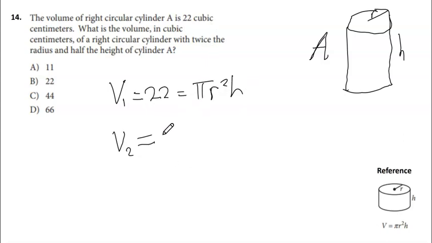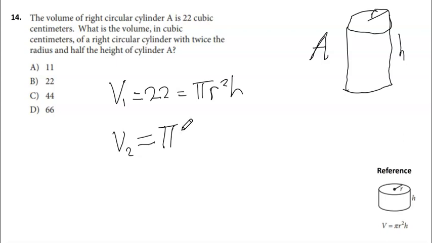Now, let's pay attention to this. We know pi is a constant. There's nothing to do with that. And then it says the radius, right, is what? Twice that of the original cylinder A, right? So here, this is where you have to be careful.